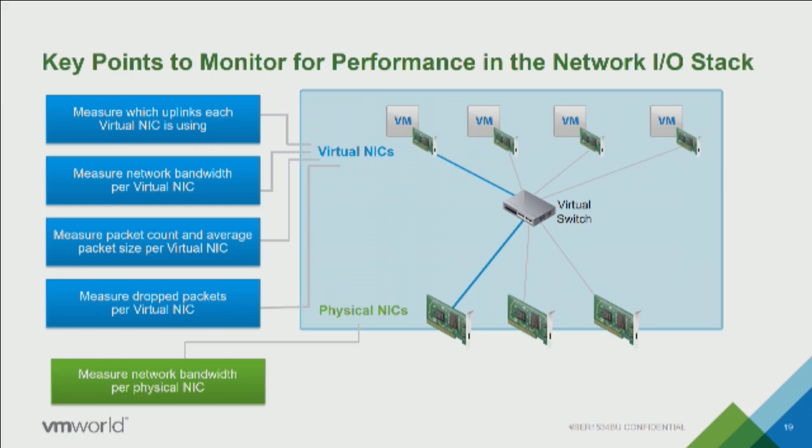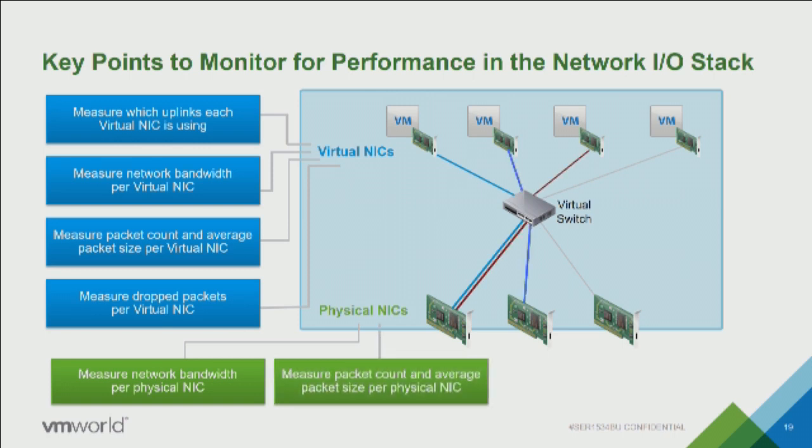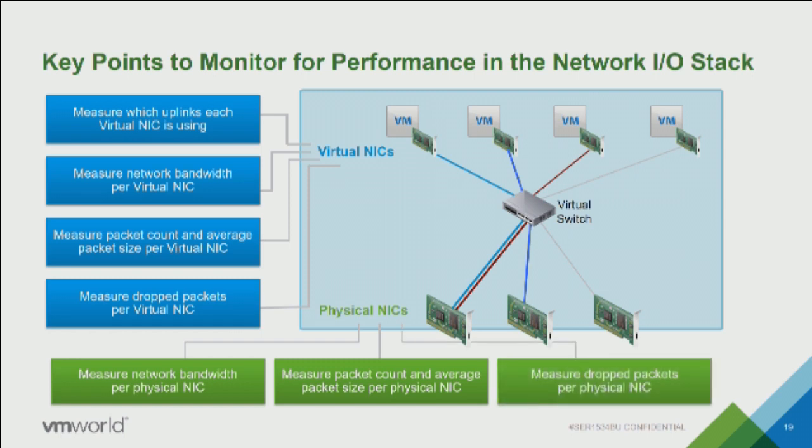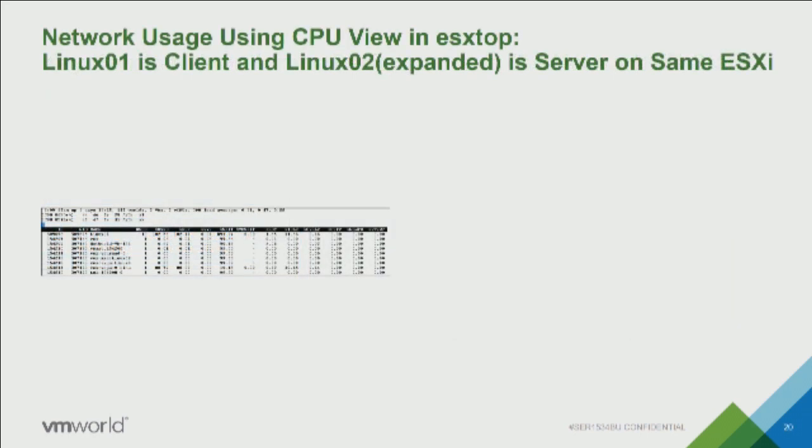That number should be 0, and maybe every so often you have a dropped packet, that happens. Then we can measure down at the physical NIC level, again measuring the packet count and the average packet size per physical NIC. We've got ways within ESXtop, and finally, we're measuring the dropped packets per physical NIC.